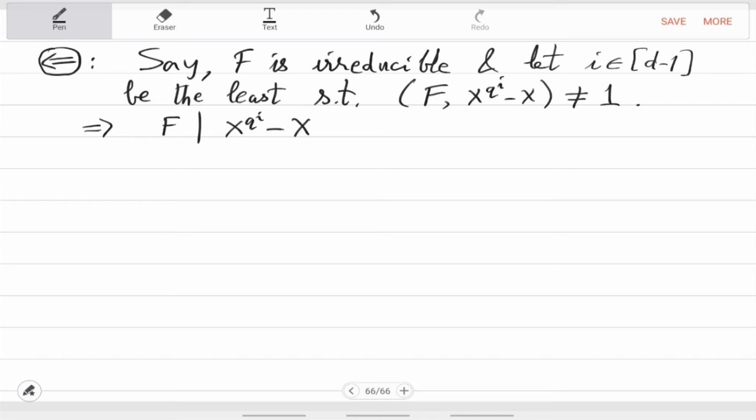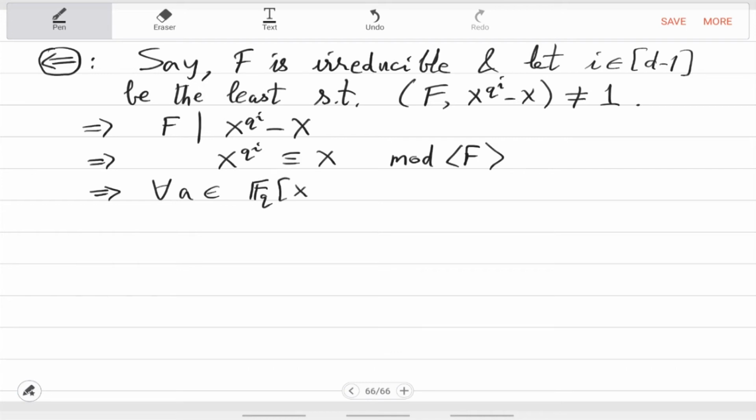And so write this as Frobenius action. So x to the q to the I is actually x mod big F, which is irreducible. So from this, what can you say about elements in this quotient ring?